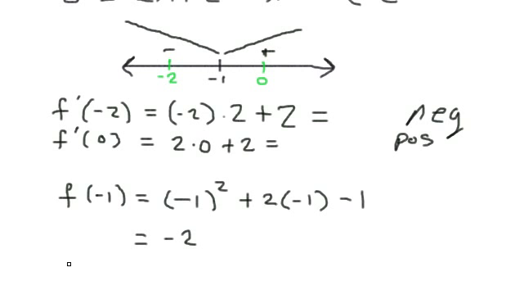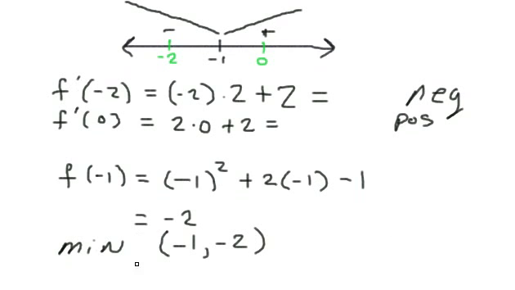So we're going to end up having a min, and I'm going to write it as a point. It's -1 comma -2. And I'm going to add that this function is decreasing, and I'm just going to label DEC for decreasing.